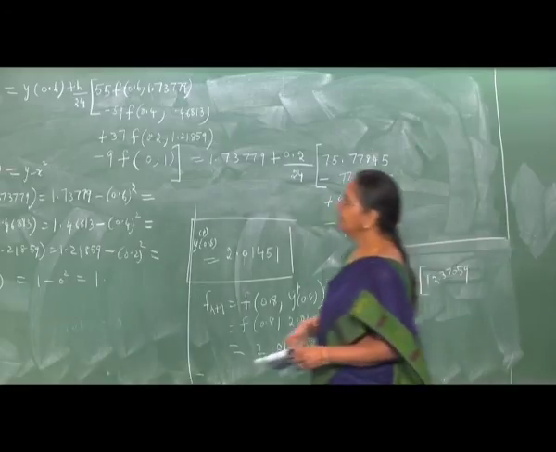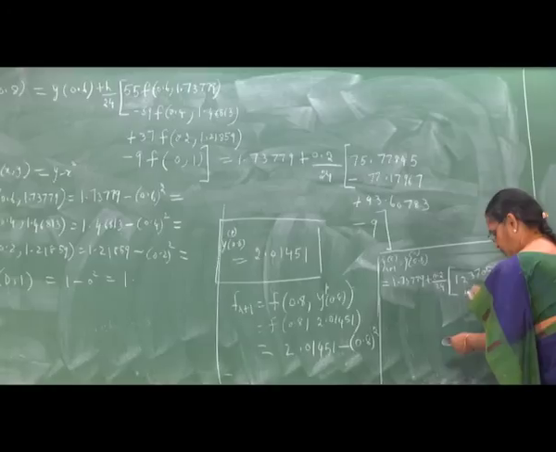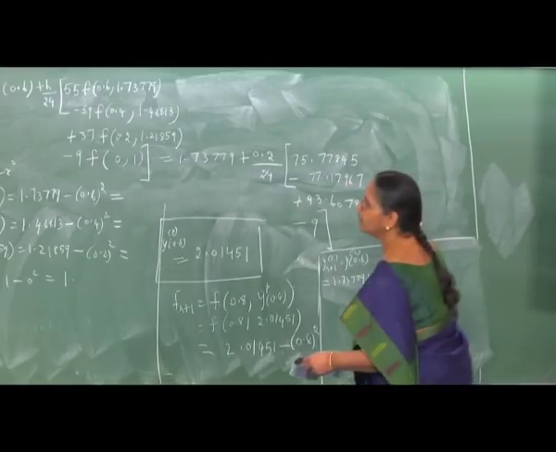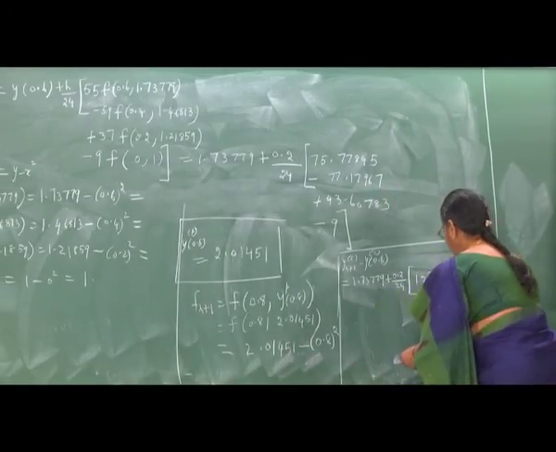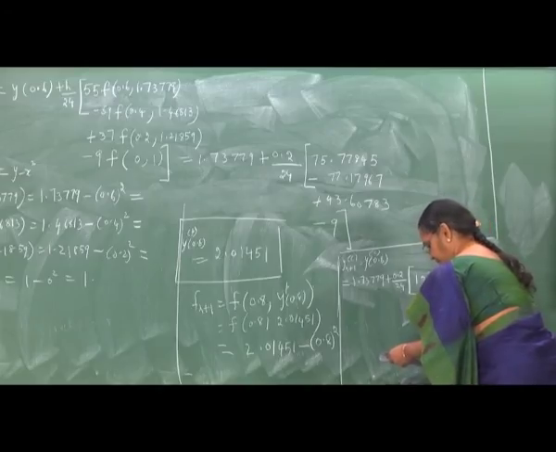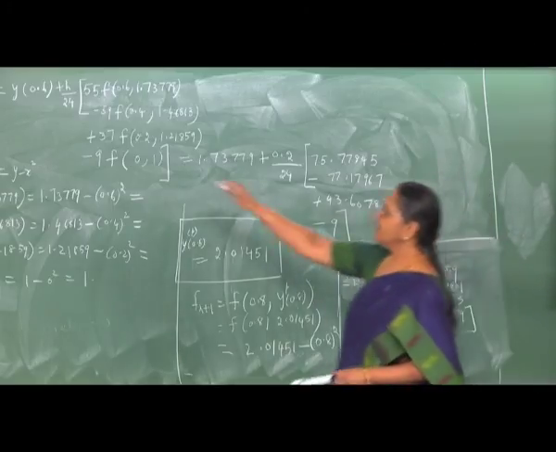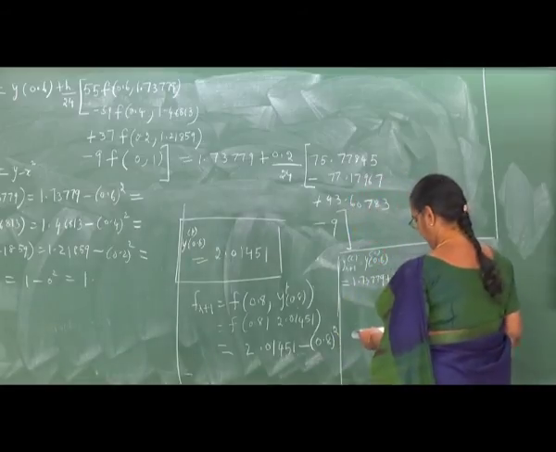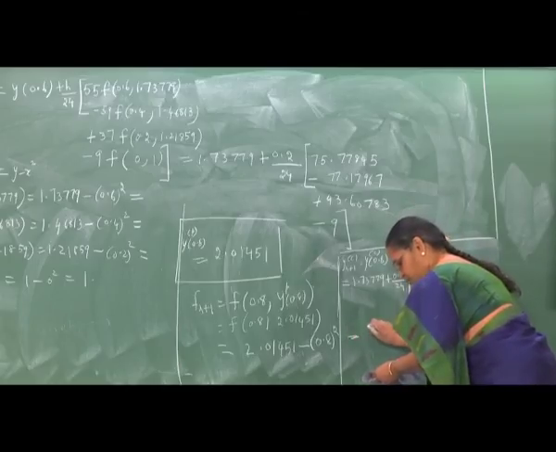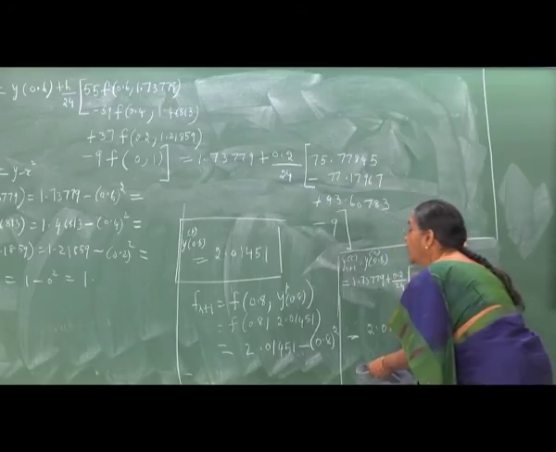Then the next term is 19 times Fn, which is 26.17801. Then the third term minus 5 Fn, that is 6.54065, and finally plus 1.17859, which is Fn minus 2, and that turns out to be 2.01434.